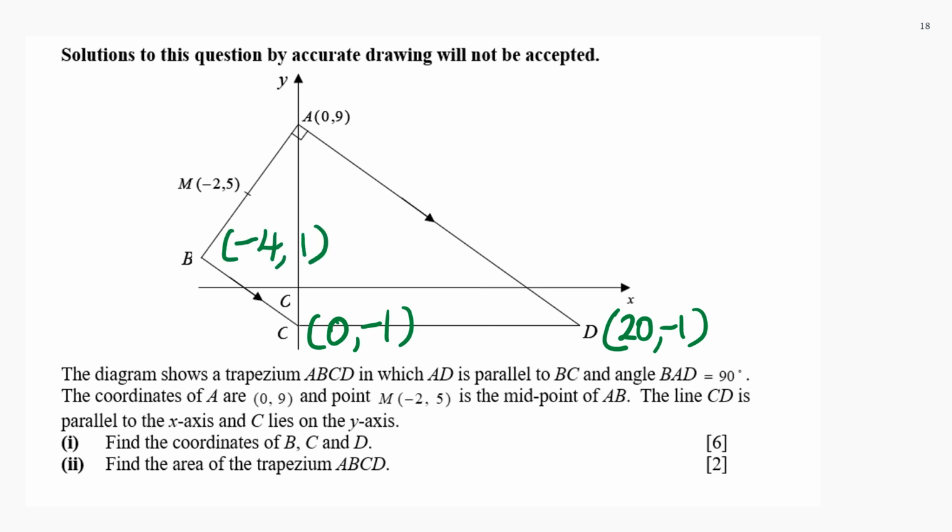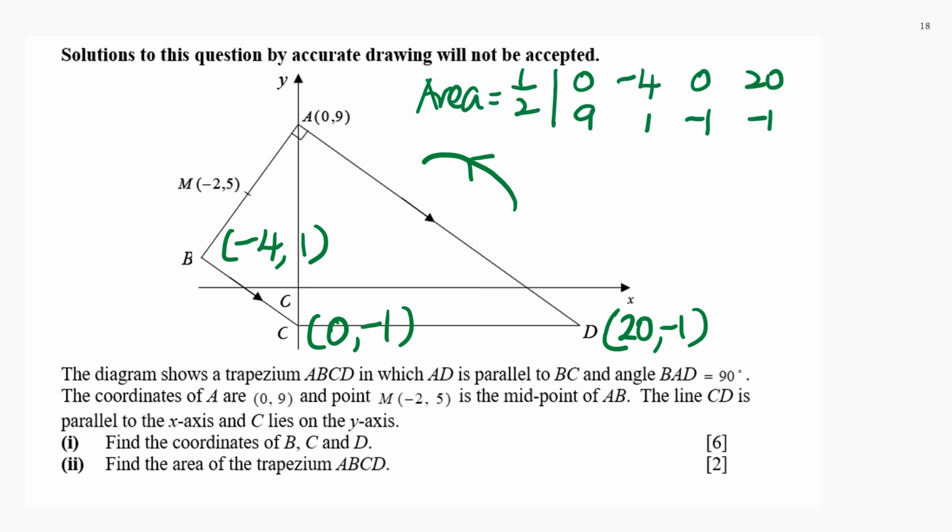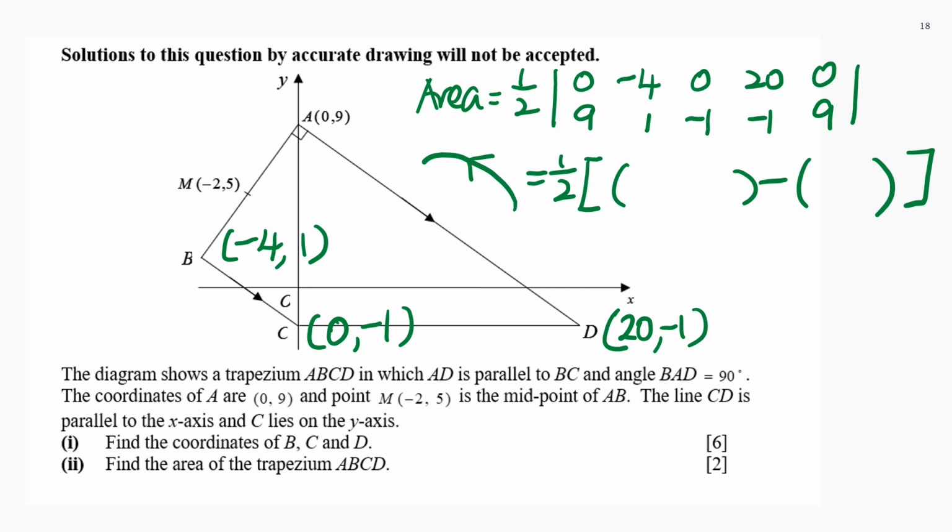So we're going to use the shoelace method. To use the shoelace method, first of all, make sure that you take the coordinates in the anti-clockwise direction. You start off with having a half there, arrange it in the anti-clockwise direction. You start with 0, 9, and end off with 0, 9. And I always like to do it this way. Right, so how do I fill in the values in the bracket?